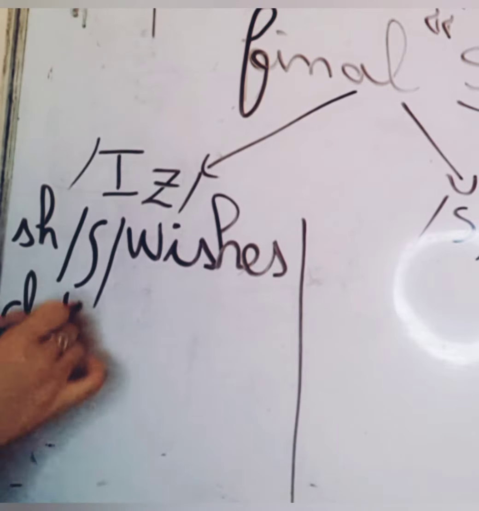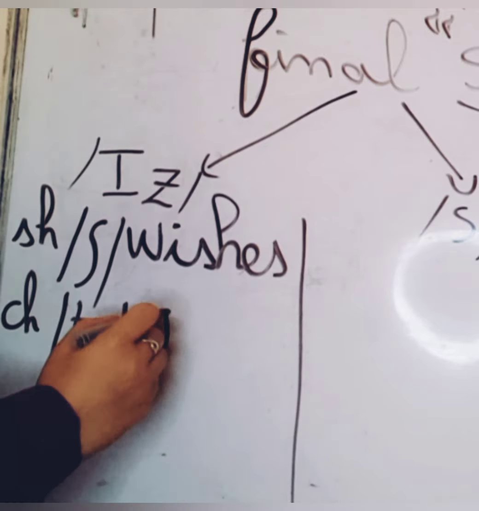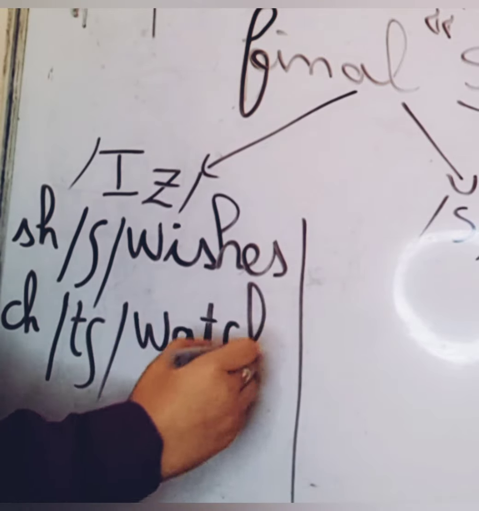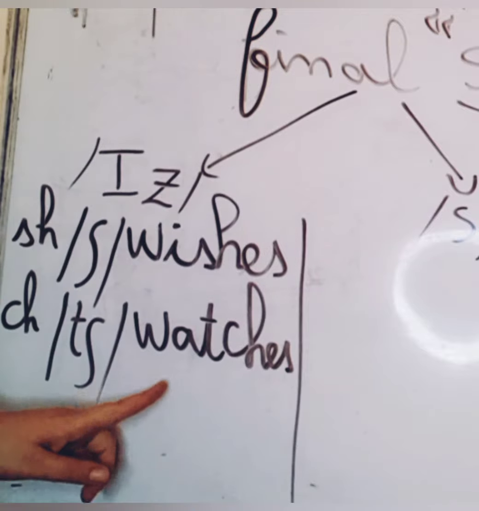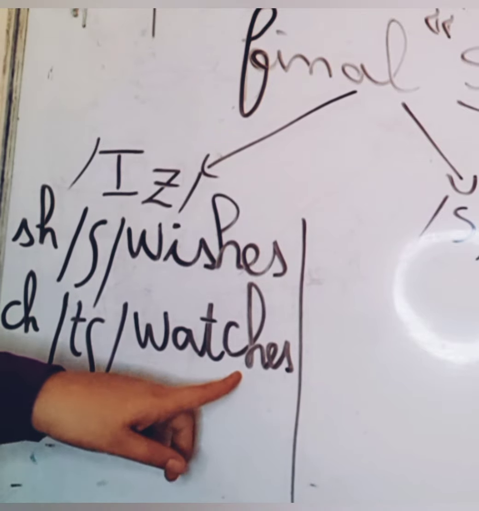CH we pronounce it ch. Like watches: it is pronounced "iz" because before it there was CH.